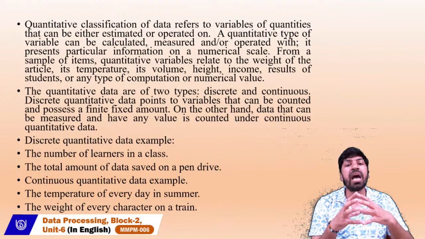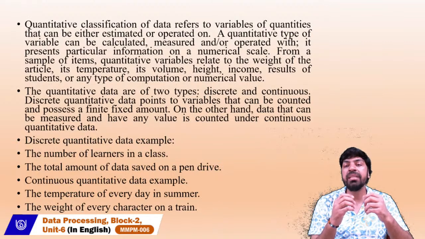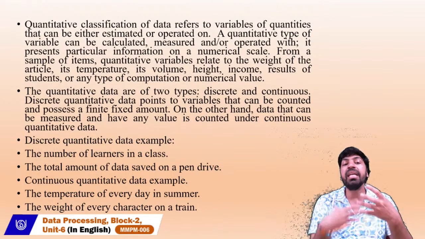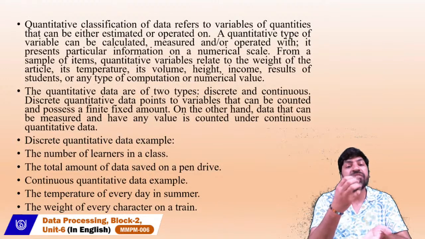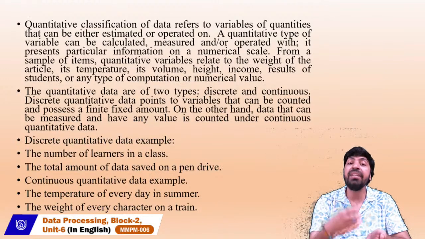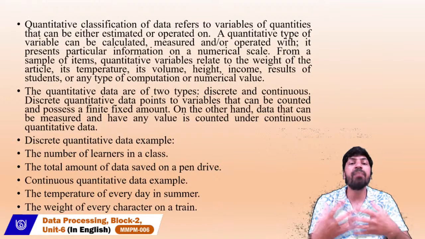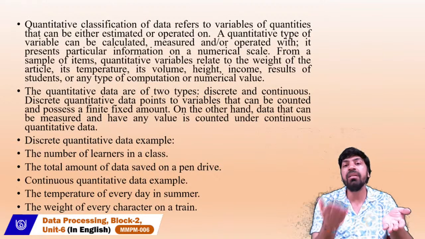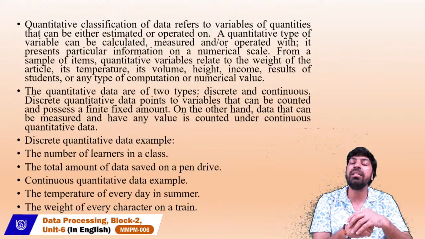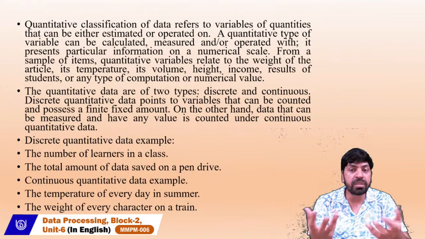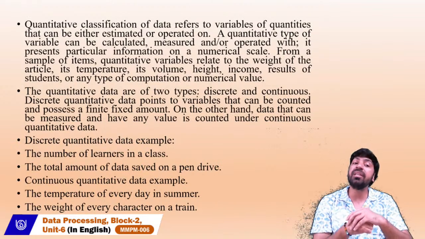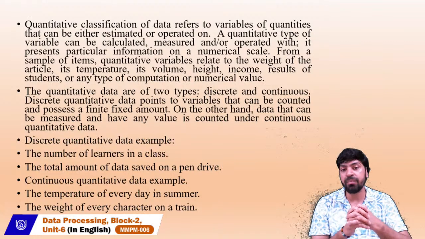Discrete quantitative data are basically those variables which can easily be counted, which have a finite fixed amount. For example, if we talk about the x variable, we can take up 1 to 10 numerical codes or values. It becomes discrete quantitative data points.